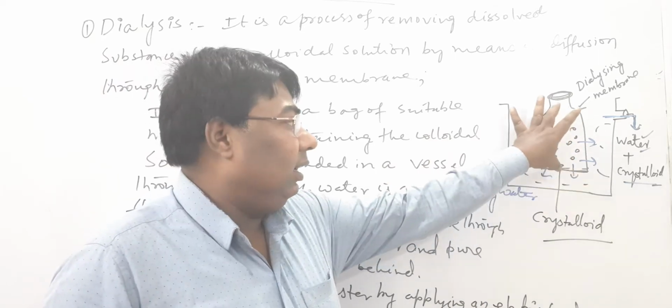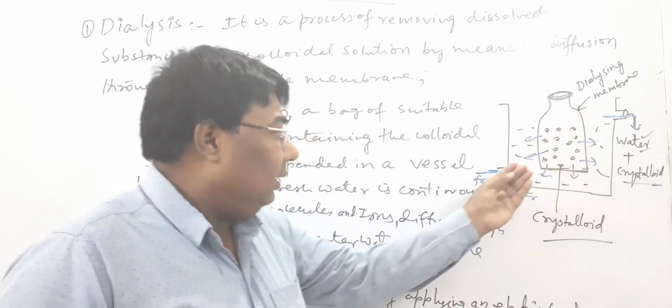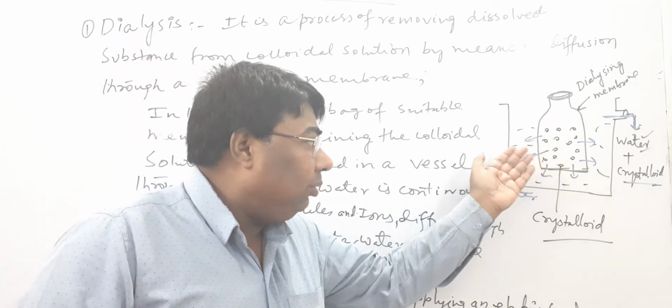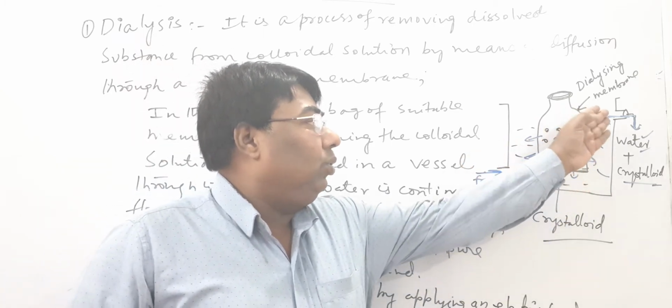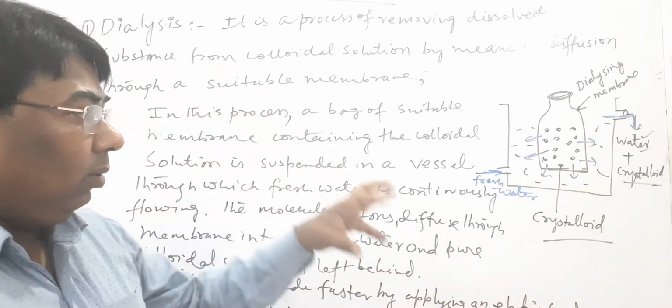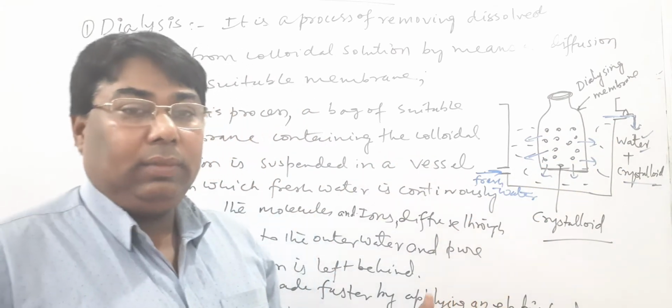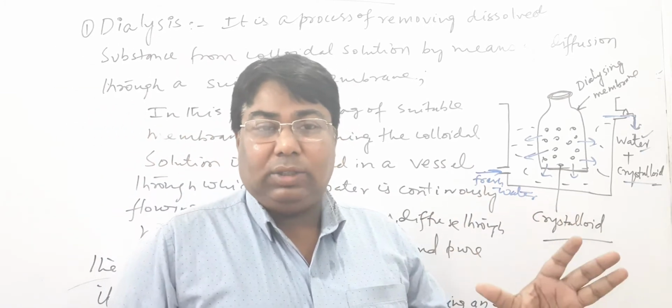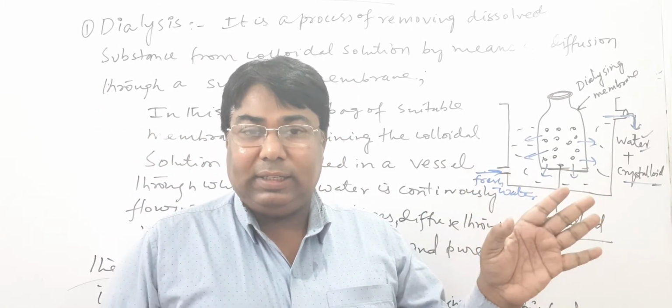Colloidal particles are left inside, and the molecules and ions are removed out through the outlet of the vessel. So we can purify the colloidal solution by the process of dialysis.